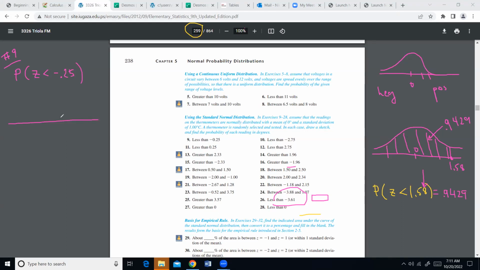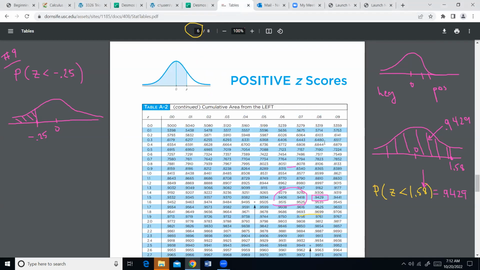As usual, I want to make a picture here and get a 0 as usual in the center, so the negative number is somewhere to the left from 0. So my area will be again on the left side from the number minus 0.25. So let us get the tables and locate that negative number.